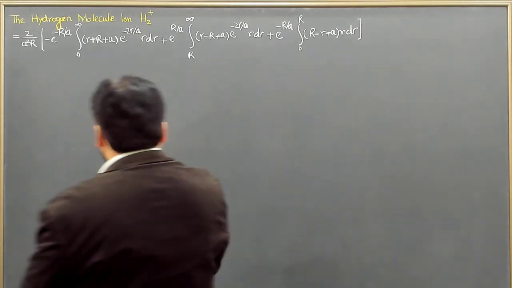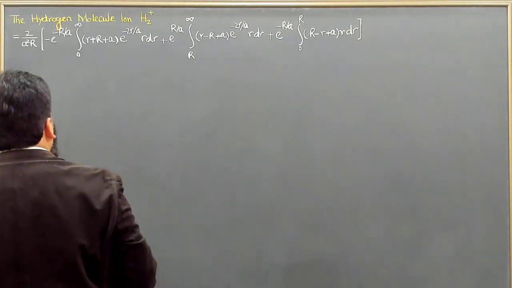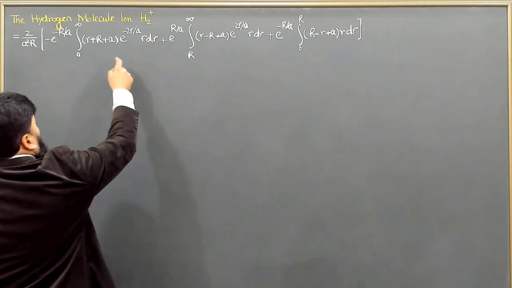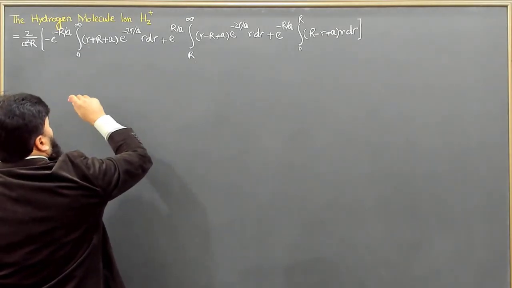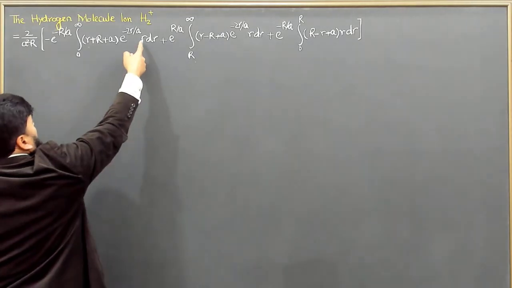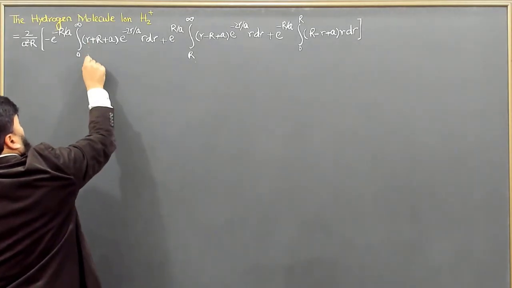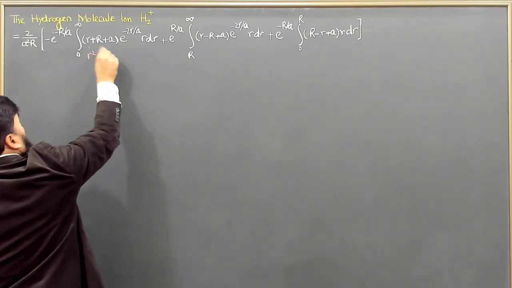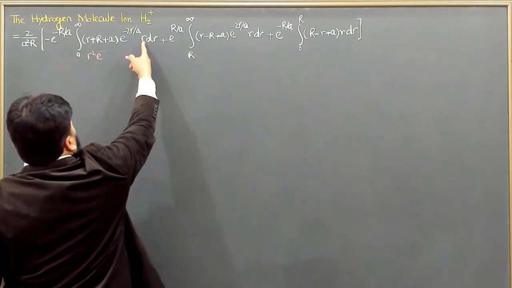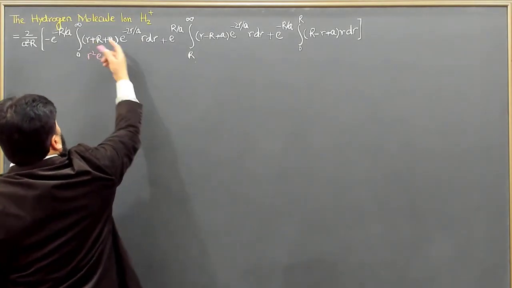Now if I look here, we have integrals here, like one is r squared coming with e to the power this. The next will be r with r.